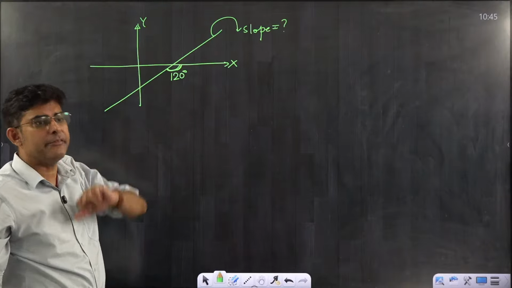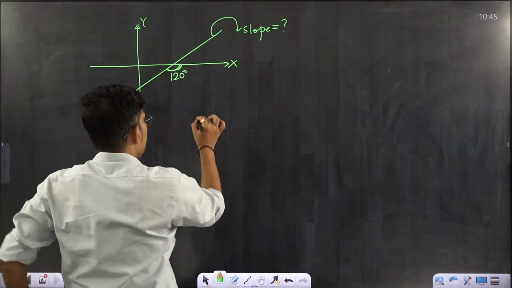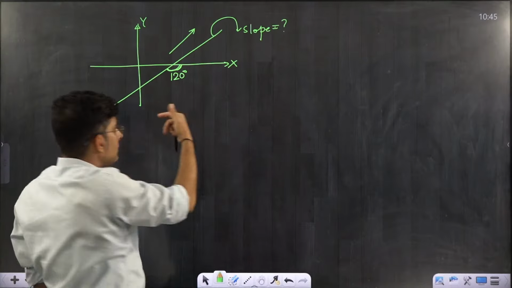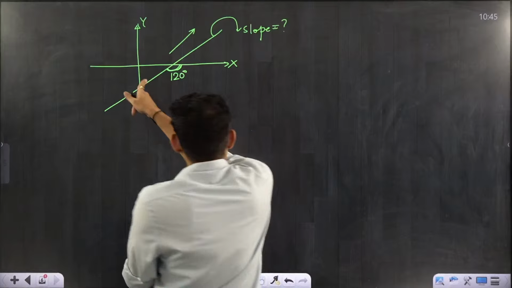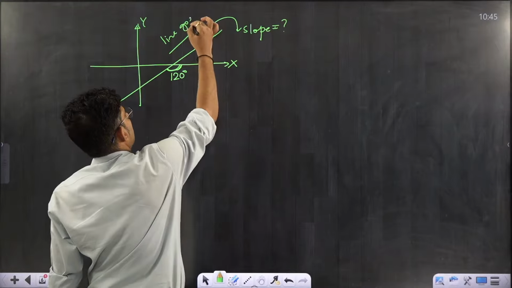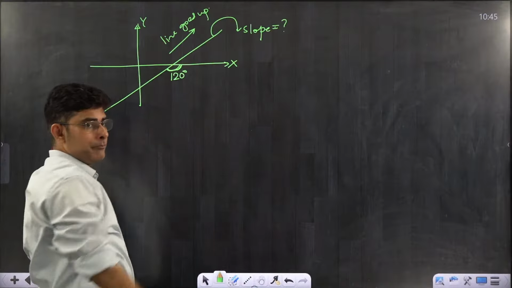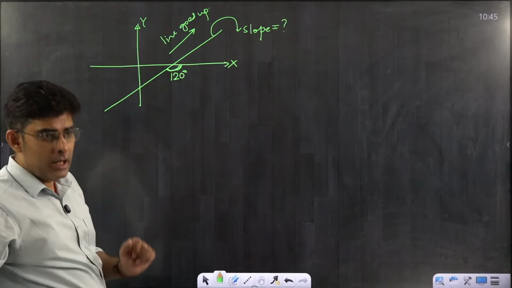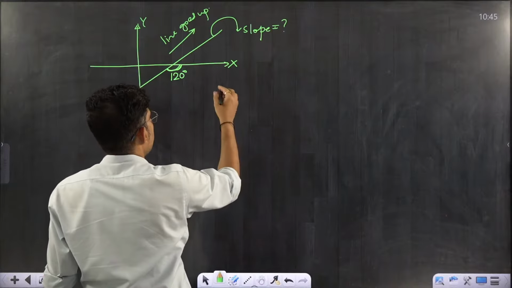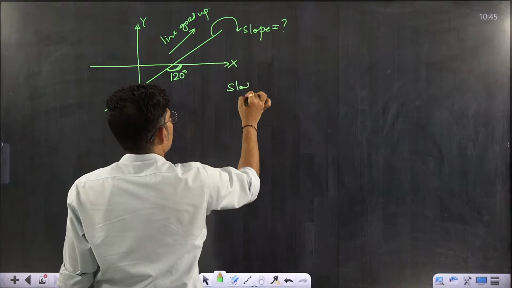It is positive. Don't go the other way. We have to go towards the positive x-axis and then see. So you can see the line goes up. And now we say slope will be positive.